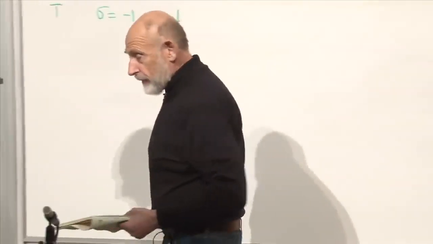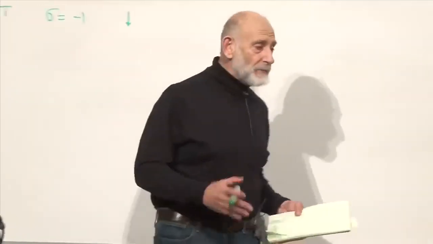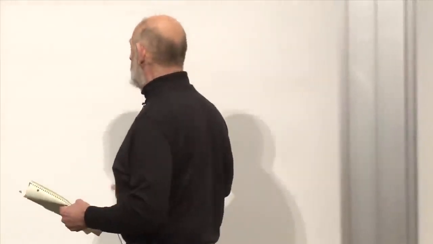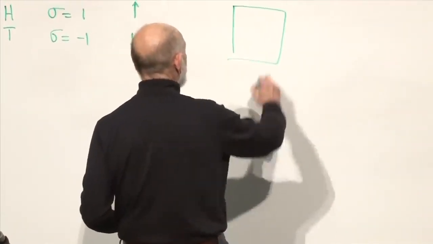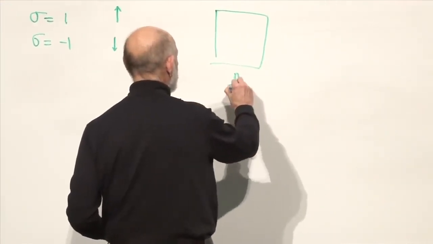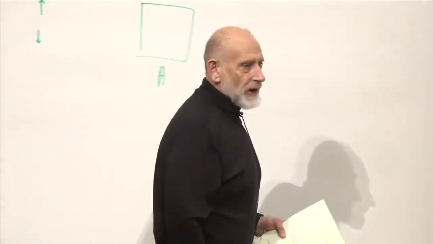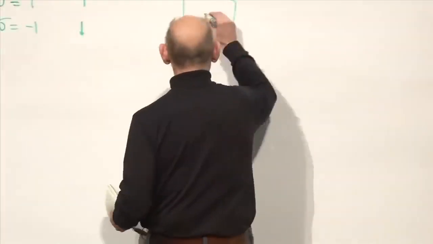And I'll tell you what we're going to make: a mathematically abstract apparatus. I'm not going to tell you how it works. It's a black box. We're going to call it A, A for apparatus. It's a box and it has a little window. Here's the window.